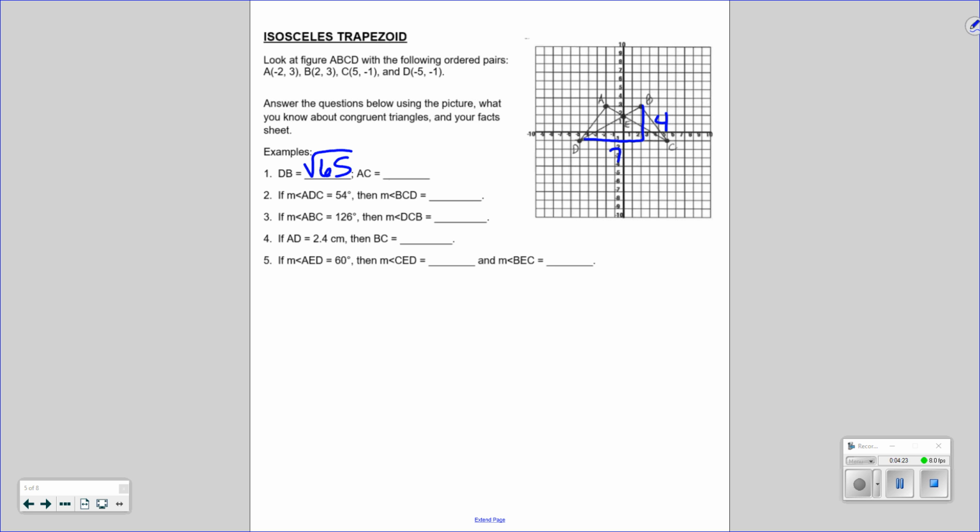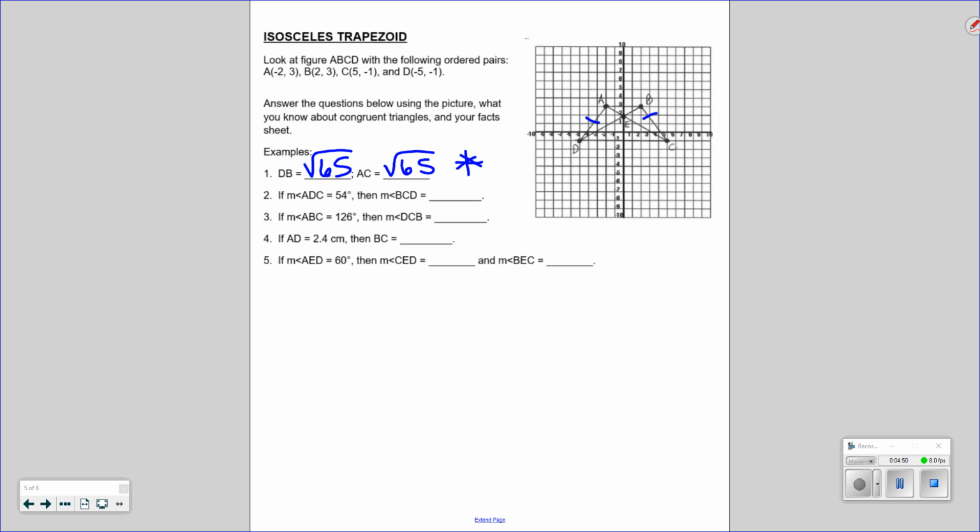And then AC, if you make a triangle out of AC, it is going to be the same length. 4 and 7 are your side lengths, so you get square root of 65 for that as well. So in this case, if it is an isosceles trapezoid, then we know that by definition the legs are congruent, and this is another property, the diagonals are congruent as well.